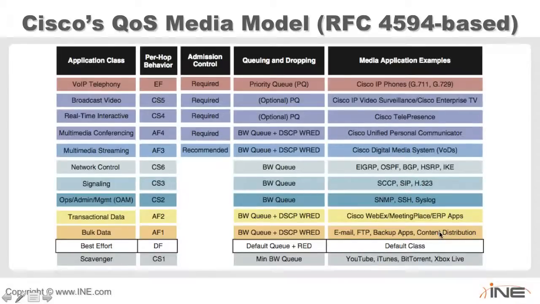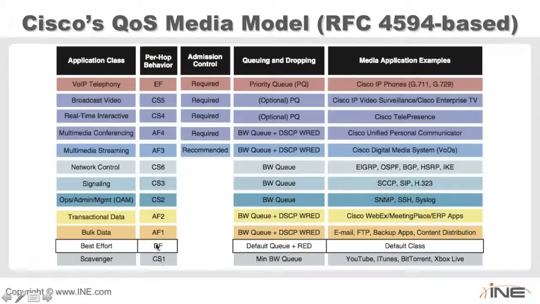There is no way to weight them based on DSCP because the DSCP is 0. And this is all the default class, all the rest of your traffic. And then look at this, scavenger, CS1. Now wait a minute, CS1 is higher than DF, 0. So this is going to get the minimum queue possible. We're going to police it down to 8K, which is the minimum we can do.